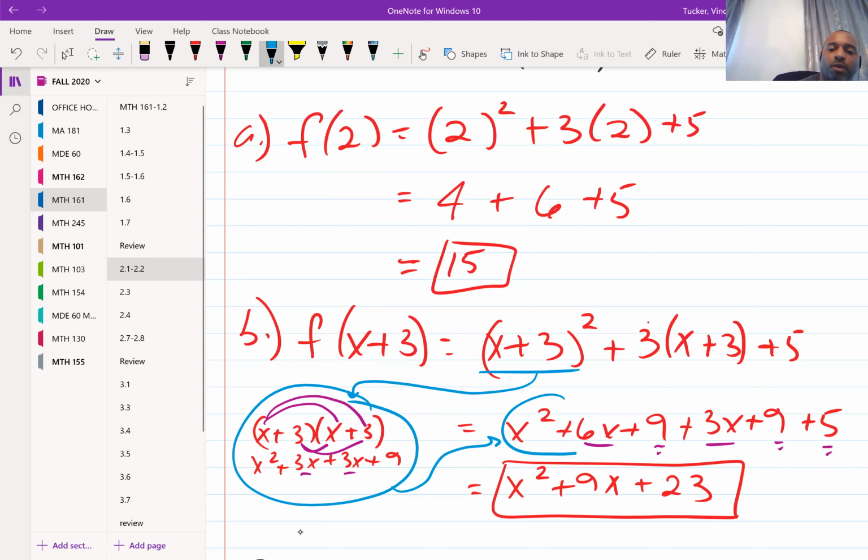And so that gives me this part right here, x squared plus 6x plus 9. All right. Then we'll distribute 3 and that gives us this part, 3x plus 9. And then, of course, the 5 is still back here.